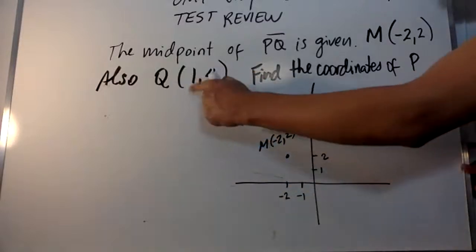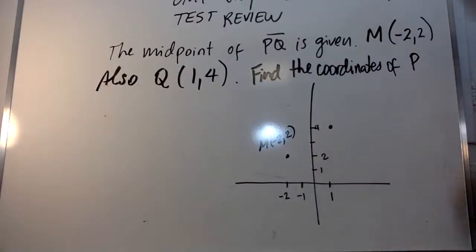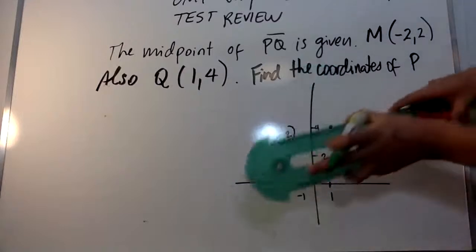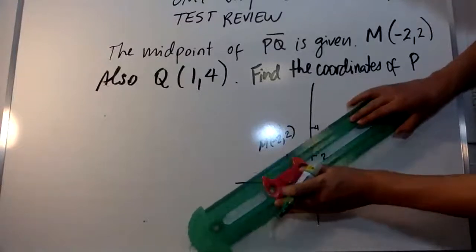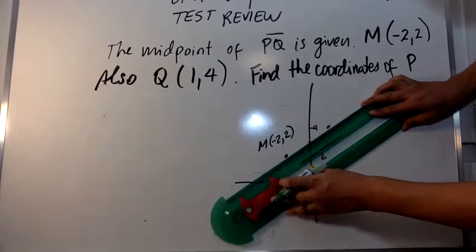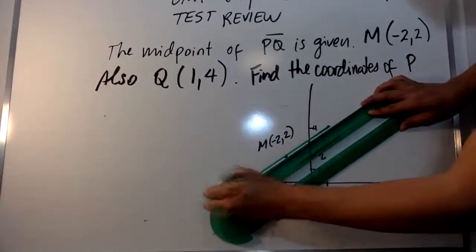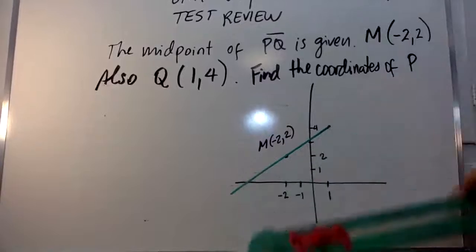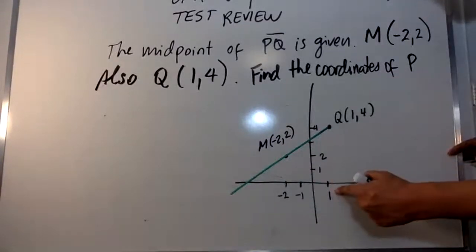Now we will find right here. Okay, so now I'm going to draw that segment using the green color, and you will see what the intention is in here. Seems like that segment goes something like this, right? I don't know where it stops, but I know that it goes that way, and here.